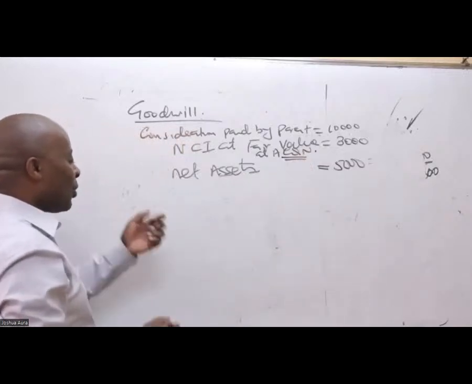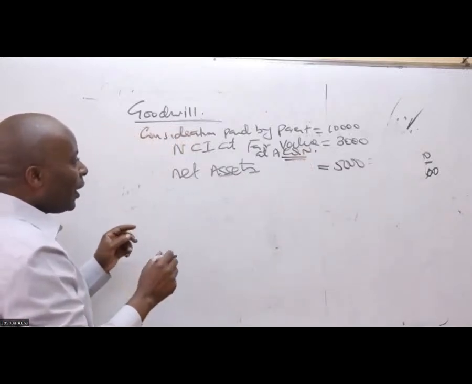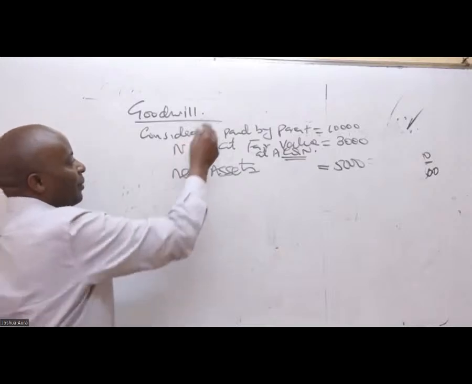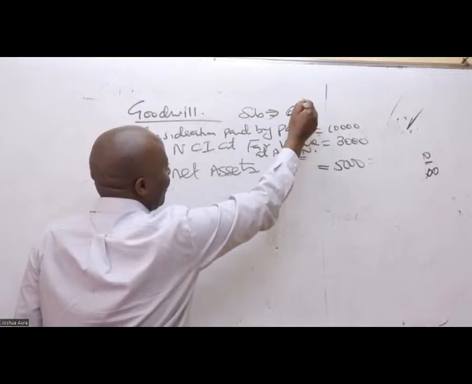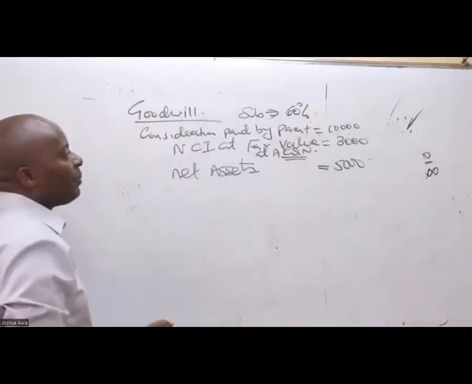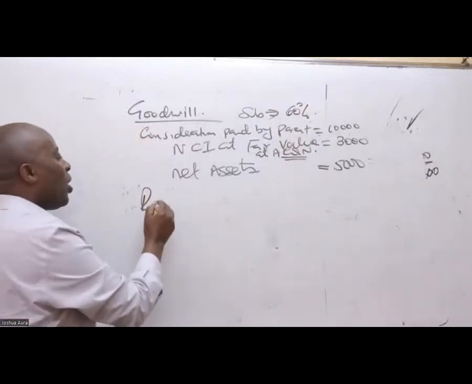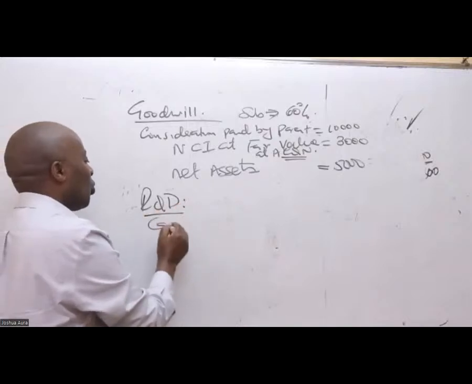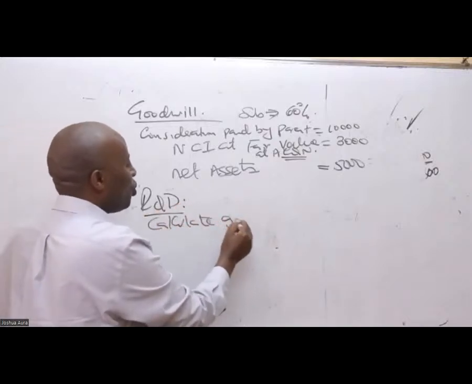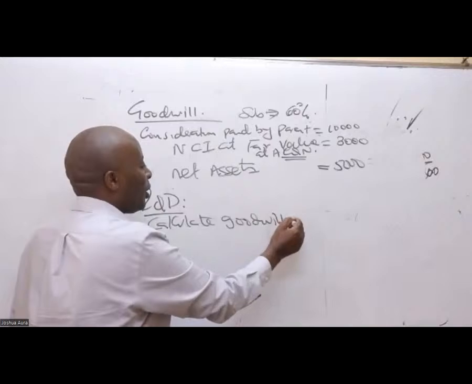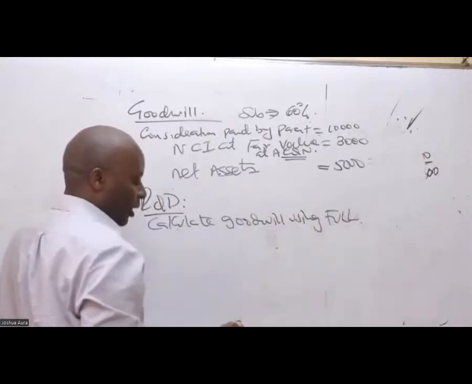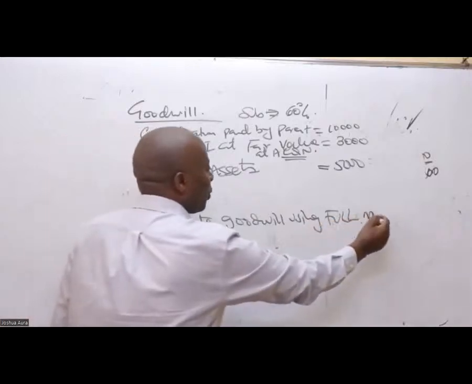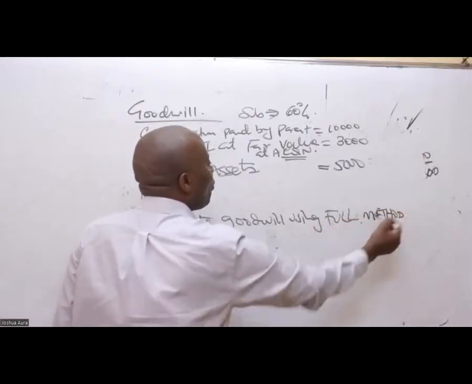So if, for example, you're given this kind of analysis and the subsidiary is a 60% subsidiary, and you are required to calculate goodwill using the full method.